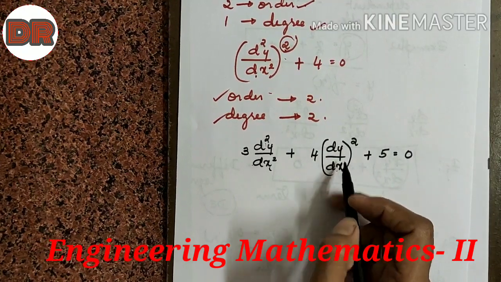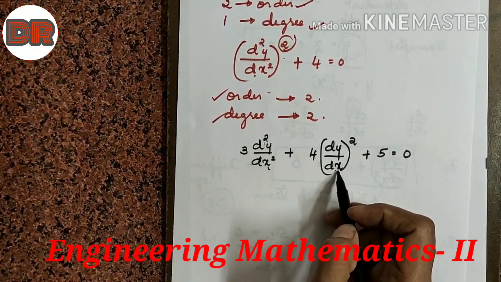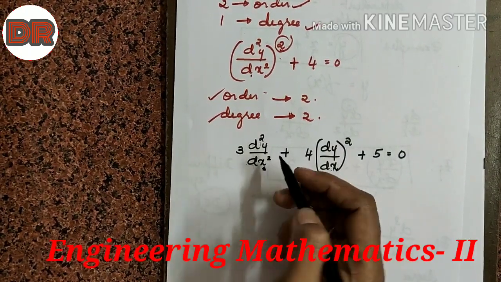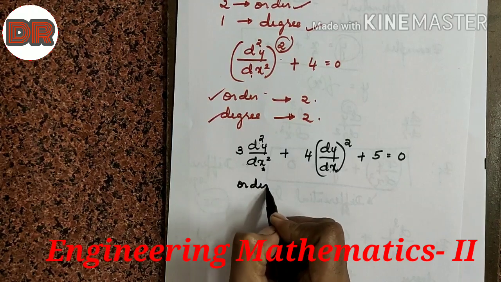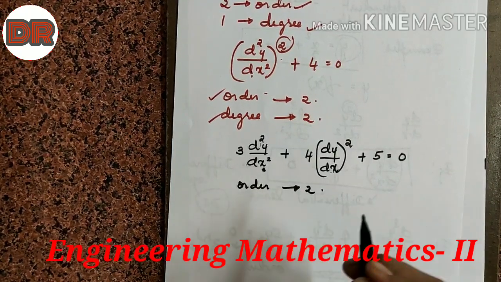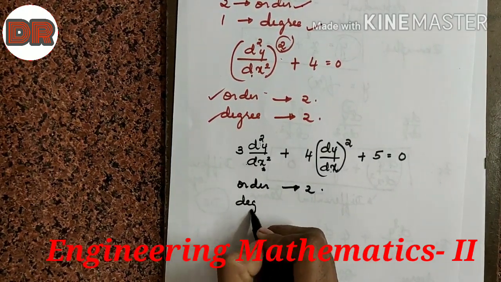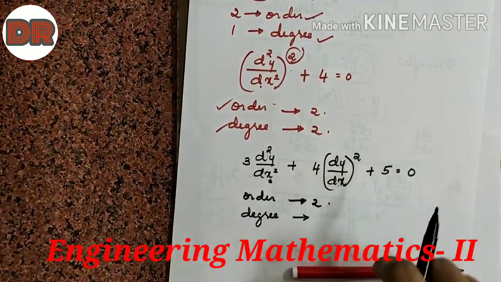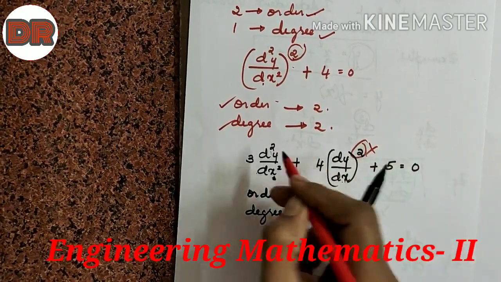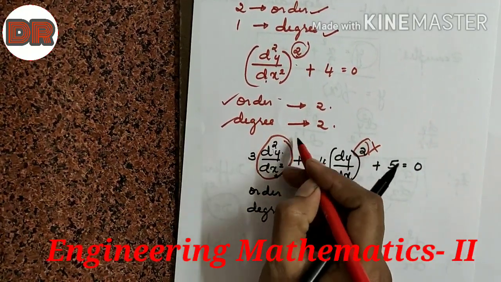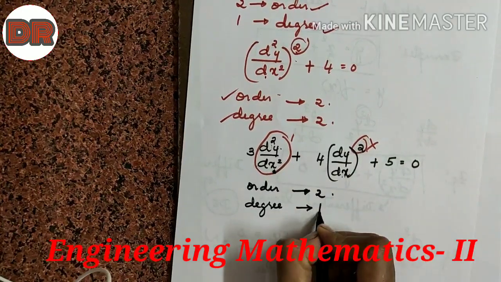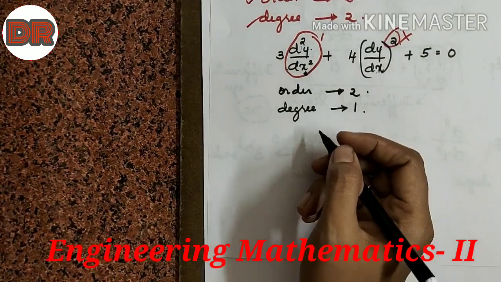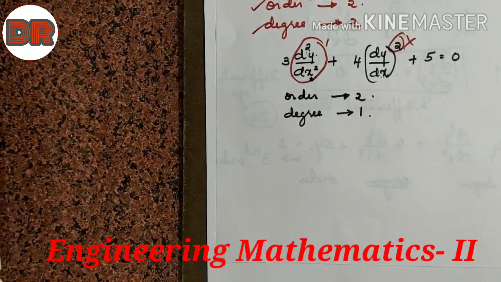This is y differentiated once with respect to x. Now the highest number of times we are differentiating is twice, that is 2. So the order is 2, and the degree here is the degree of the highest differential term. So it is 1. So degree is 1. So this is how we decide the degree and order of a differential equation.